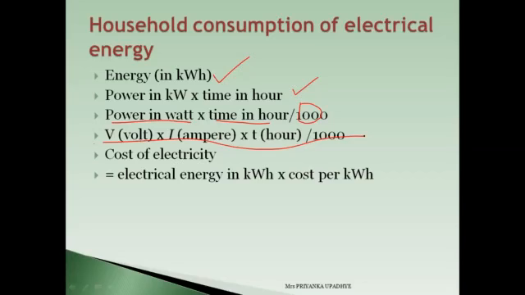For every kilowatt hour, the cost is fixed. For example, if the cost per kilowatt hour is 3 rupees, then the amount of energy consumed multiplied by 3 rupees gives us the cost of electricity.